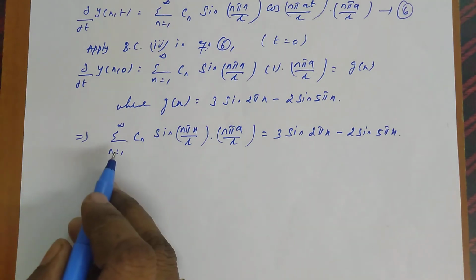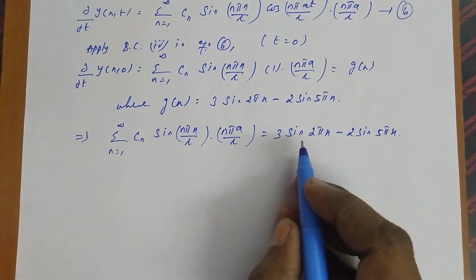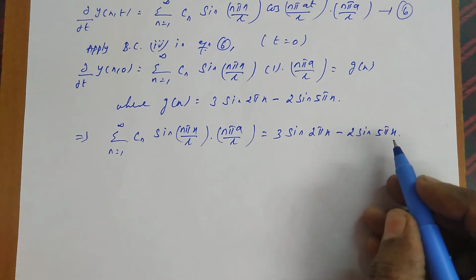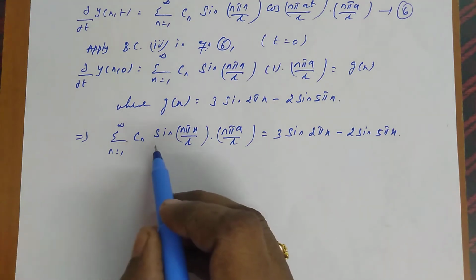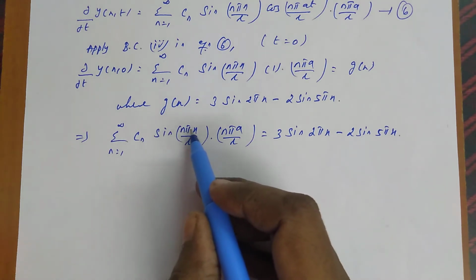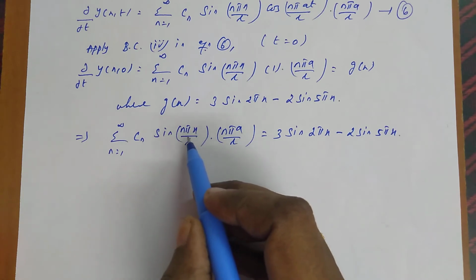Now we can give values for n. Here in the right hand side we have sin 2πx and sin 5πx. The left hand side is the general case, that is sigma n = 1 to infinity, so here also we are giving values for n. When n = 1, we get sin(πx/L), and n = 2 we get sin(2πx/L), like that.